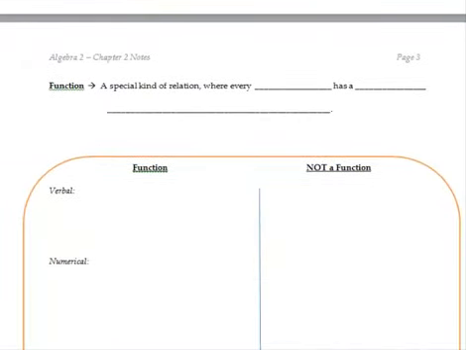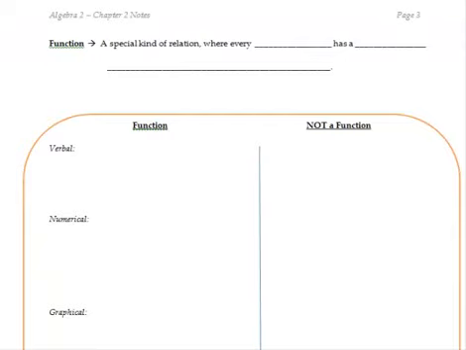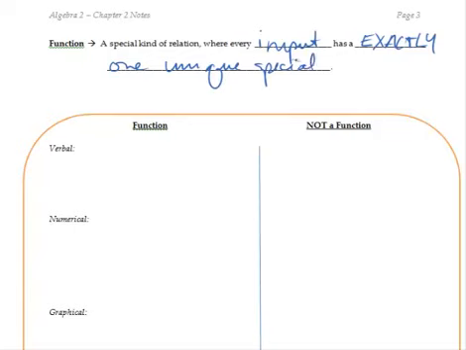Now, a function is a special kind of relation where every input has exactly, this is important, exactly one unique special output, where every input has exactly one unique special output, or another way to say it is that every x value has exactly one unique special y value.